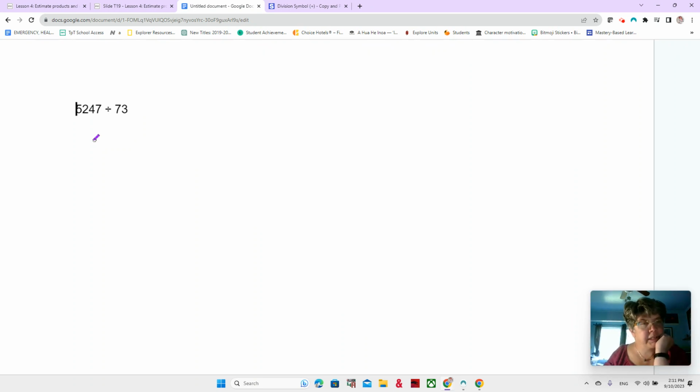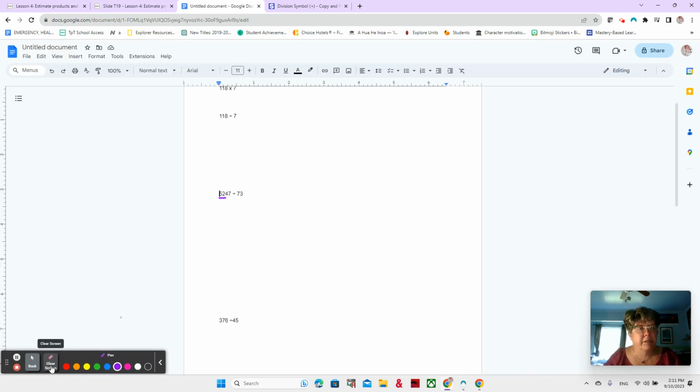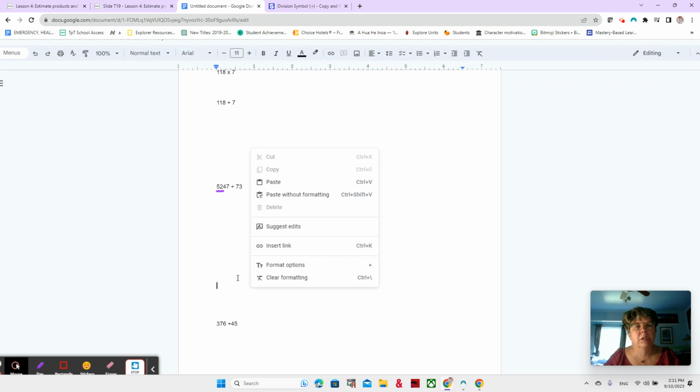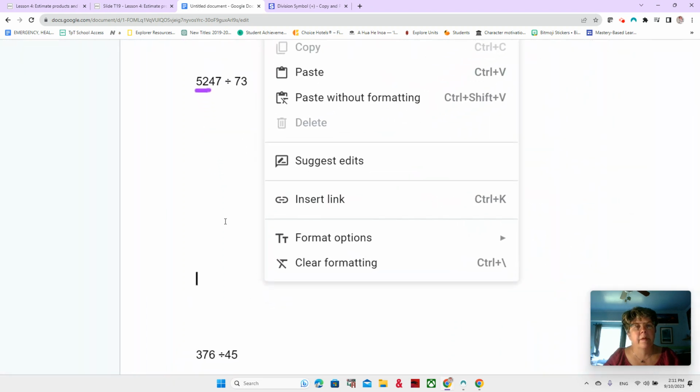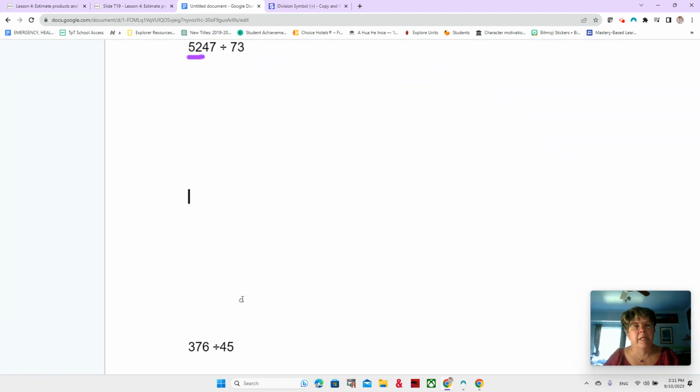Now let's think about fact families, right? Let's look at this 52 here. That line there. I think it's the cursor. There we go. Okay. Now do I have my pen? There we go.